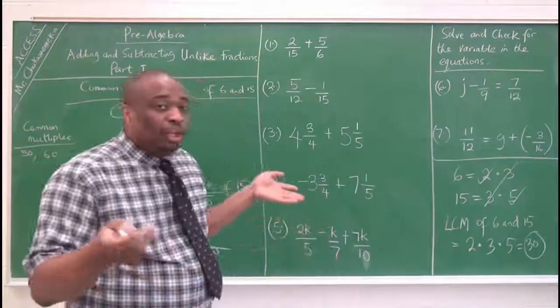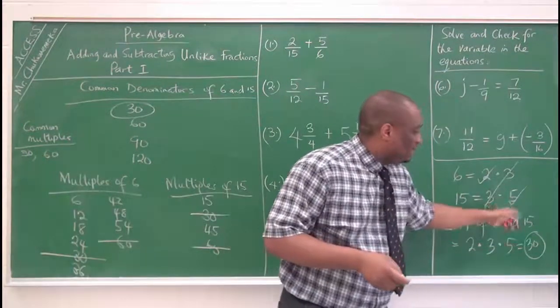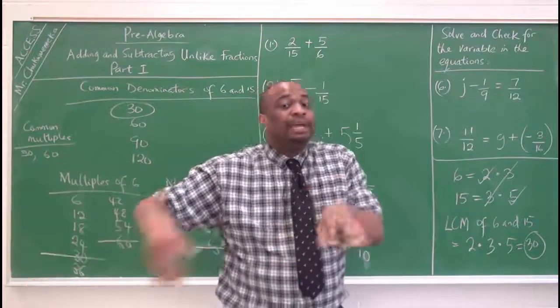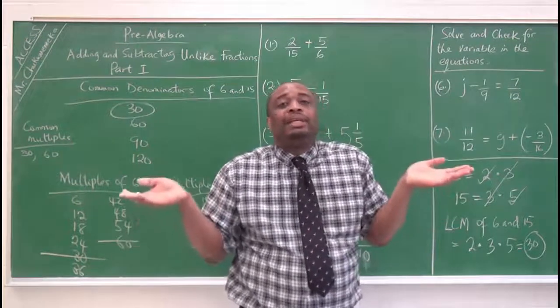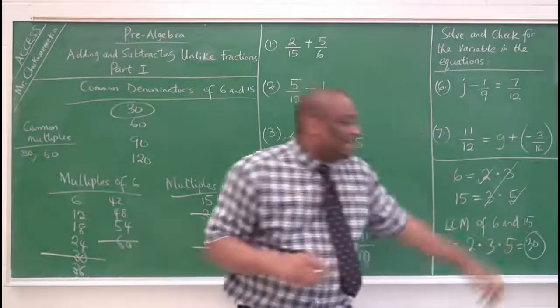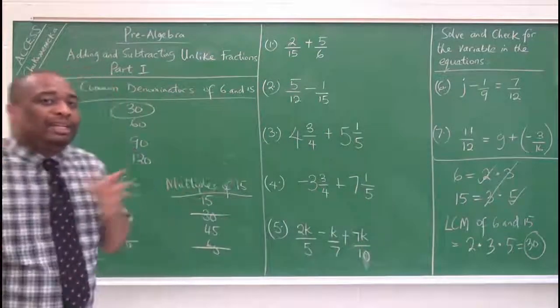Now, you can even count 3 again. If you count 3 twice, then that is not going to give you the least common multiple. It will still give you a common multiple, but it's not going to be the least common multiple. Of course, if you counted this 3 twice, that would be 30 times 3, which is 90. Yeah, it's going to give you a common multiple, but not the least.